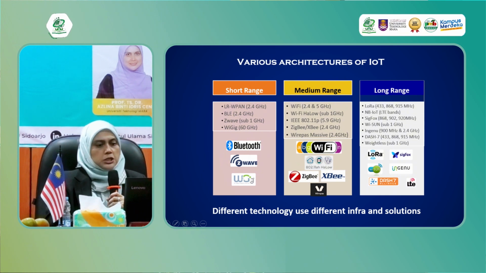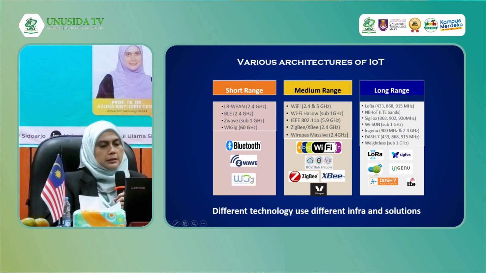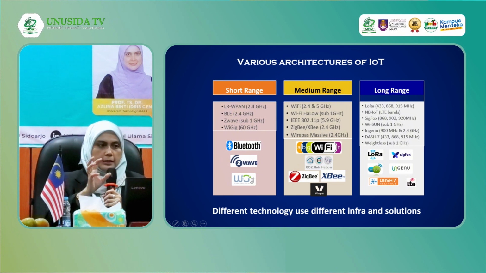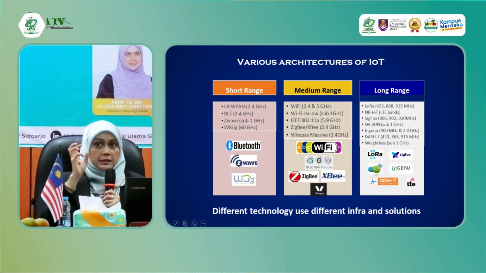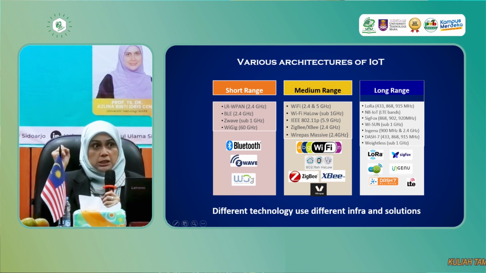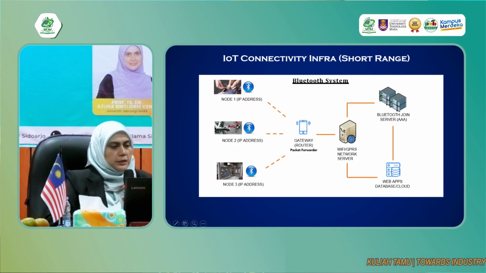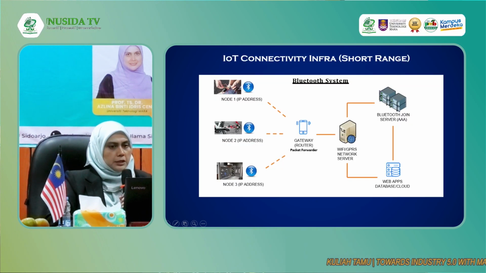For long range, LoRa, and this one is very popular, LoRa 1. LoRa, narrowband IoT, Sigfox, and so on. You need to understand that if you use massive Internet of Things, we are focusing on the long range.